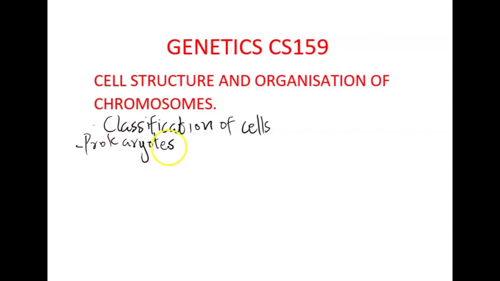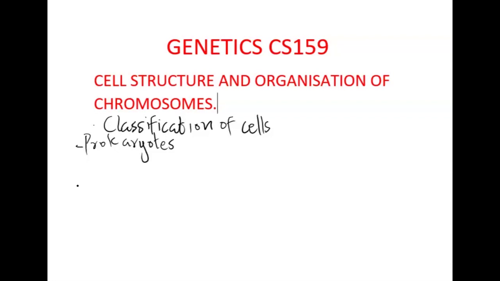Prokaryotes, or prokaryotic cells. One thing you have to know about them is that their genetic material isn't stored within a membrane-bound nucleus. Instead, it is stored in a nucleoid that floats in the cell's cytoplasm.